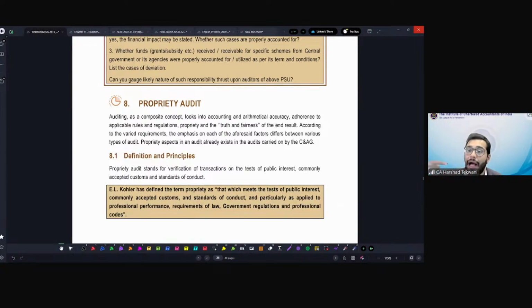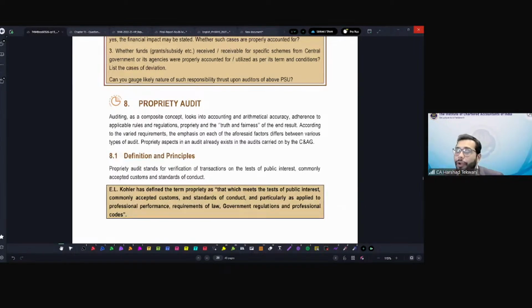It is a step ahead of a performance audit. In a performance audit, you measure the subject matter against the audit criteria. Here I am also questioning the audit criteria, whether this audit criteria is good and in the interest of the public. In performance audit, we never question the audit criteria, whether the national plan, the guidelines, or the orders issued are appropriate or not.